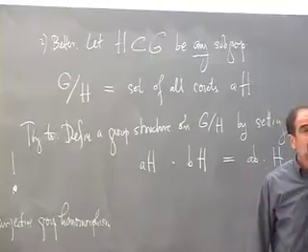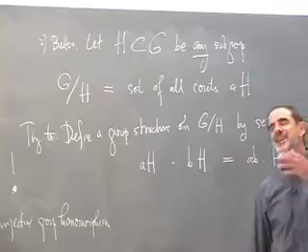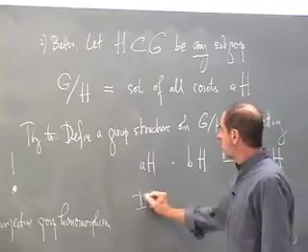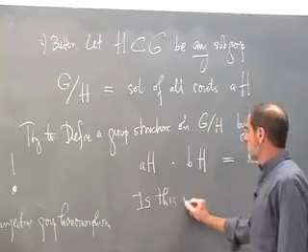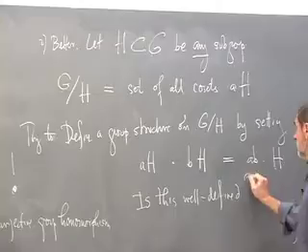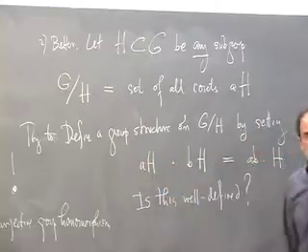Yeah? Well, if AH is the same as like some CH. Good. Exactly. Namely, the question is: is this well defined? Because the coset is not uniquely written as AH.